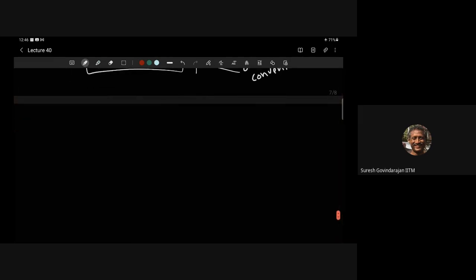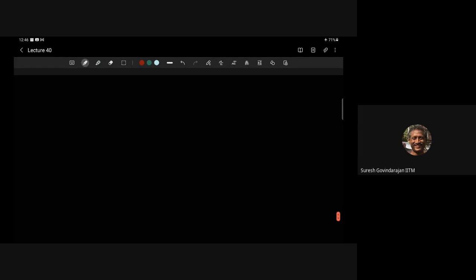Okay, so we want to now define the acceleration 4-vector. Any ideas?